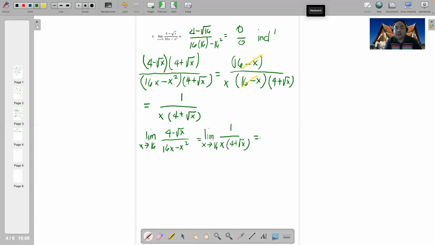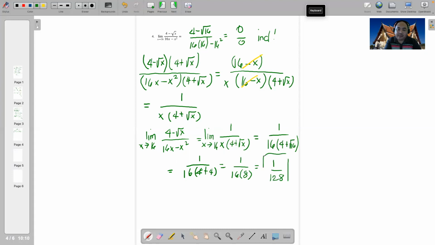When we do substitution now, 1 all over 16 times 4 plus square root of 16. This is equal to 1 all over 16 times 4 plus 4, or 1 all over 16 times 8, which is 1 all over 128. And there you have it.